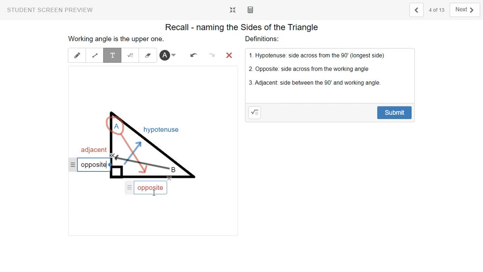And this side is the adjacent for angle B. So always, the side names are relative to where the working angle is.